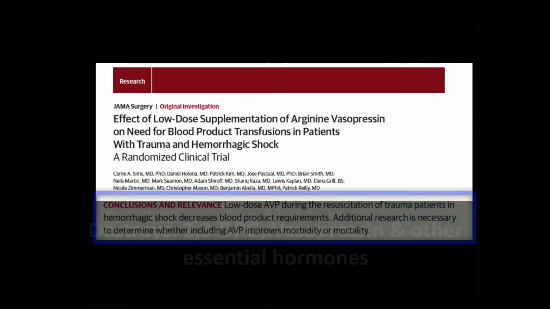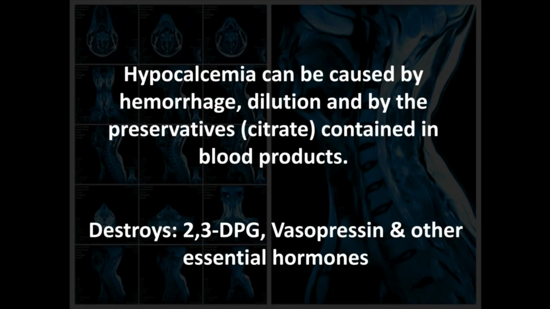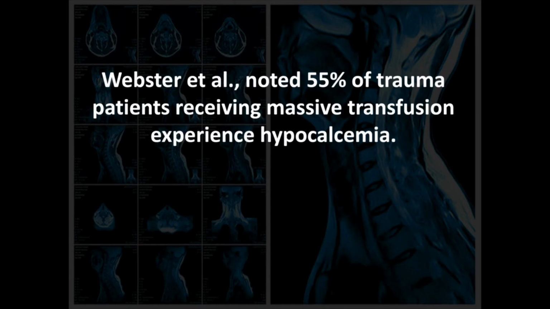And so what she showed in the AVERT trial was if you have a patient that has over 5 units of overall blood product administration, they were giving a 40-unit bolus of vasopressin, and then following that up with a drip at 0.4 units per minute over 48 hours. And they showed benefit. Now, it didn't change 30-day survivability, but they saw a reduction in overall blood product administration in those patients.